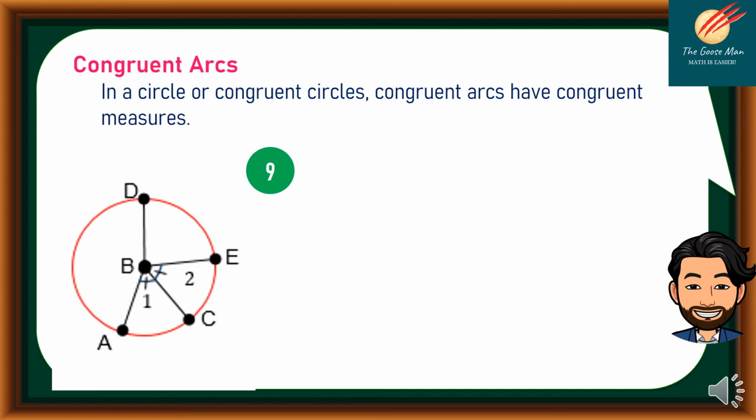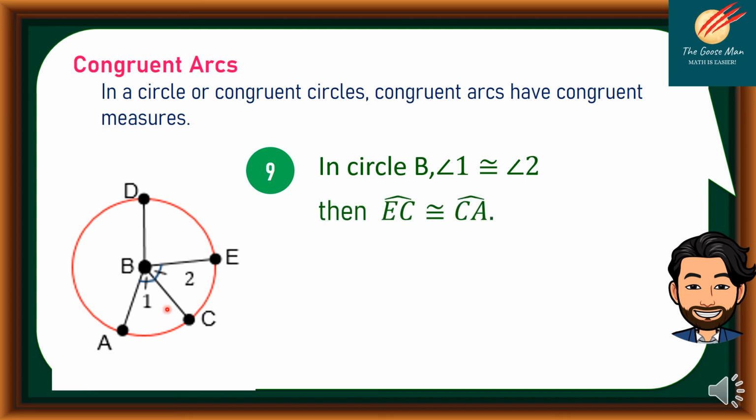Now, let's move on to congruent arcs. In a circle or congruent circles, congruent arcs have congruent measures. Let's consider our example number 9. In circle B, angle 1 is congruent to angle 2. Then we can say that arc EC is congruent to arc CA.